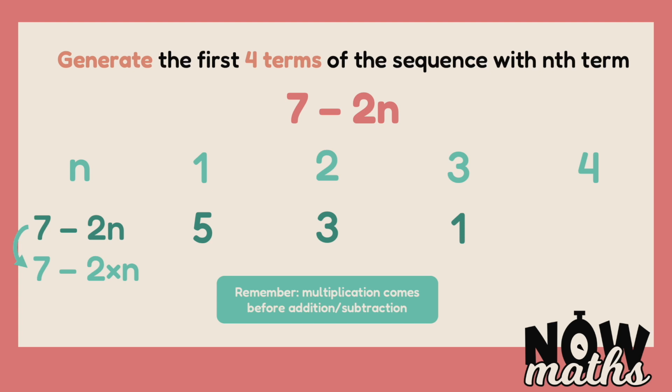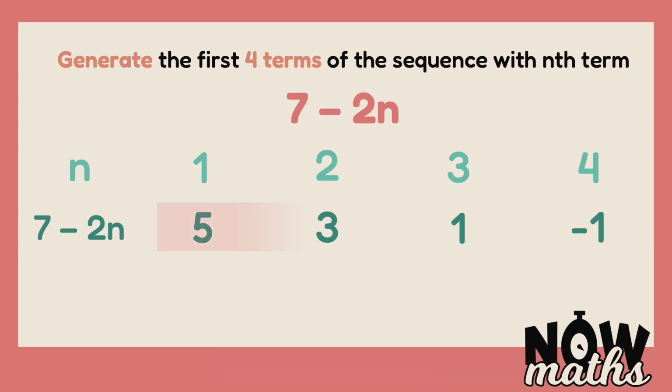Finally, when n is 4, we're going to have 7 subtract 2 multiplied by 4. 2 multiplied by 4 is 8, and 7 subtract 8 is negative 1. So the first 4 terms in our sequence are 5, 3, 1, and negative 1.